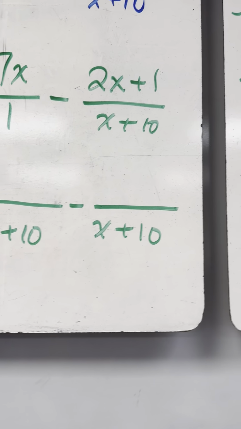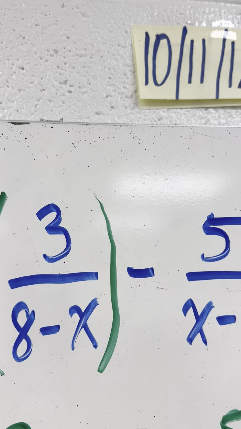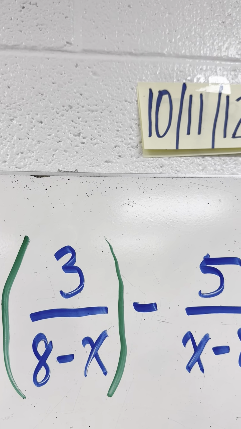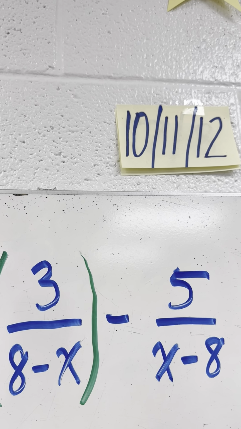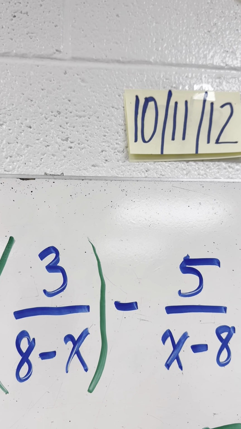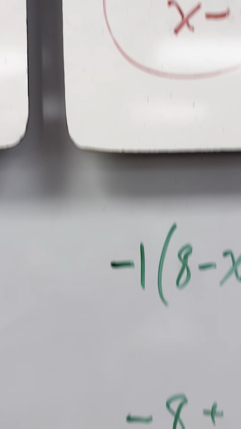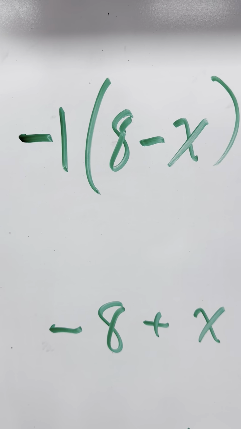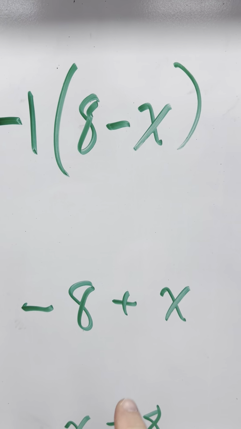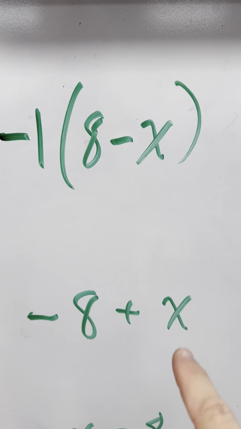Now, check this out. You have 3 over 8 minus x, minus 5 over x minus 8. Now, before I go on, would you agree that negative 1 times 8 minus x is the same as negative 8 plus x, right?